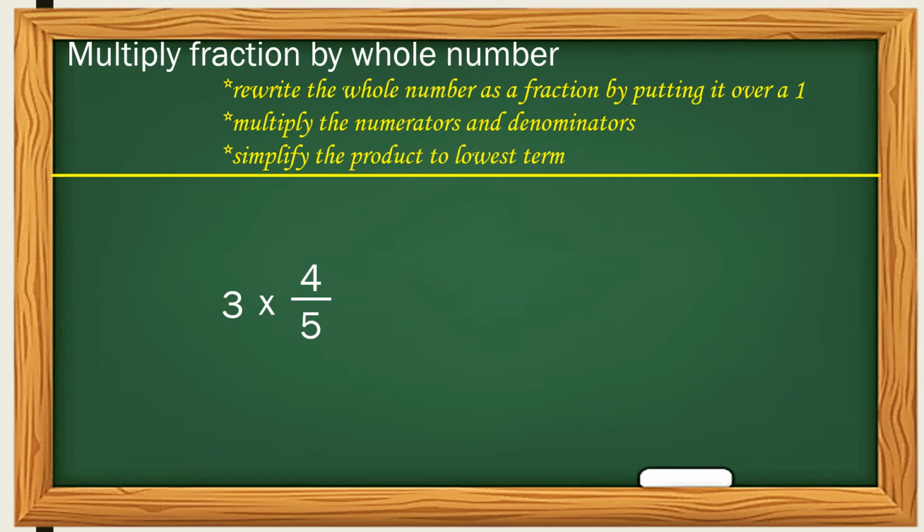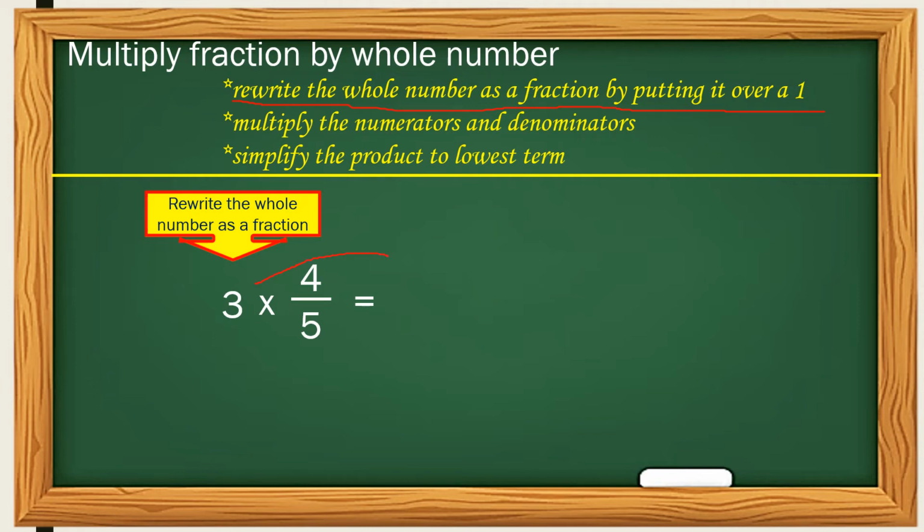Okay, so anong unang gagawin natin? Sabi ng first step, rewrite the whole number as fraction by putting it over a 1 denominator. So we are going to rewrite the whole number into fraction. Okay, how? Paano natin gagawin? So ganito lang siya kasimple.